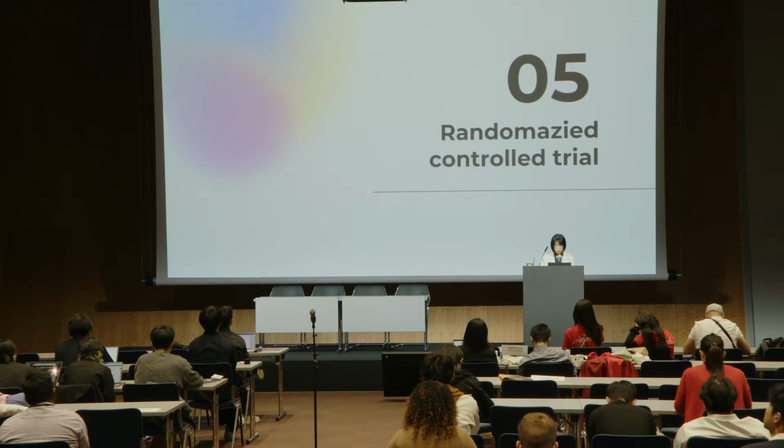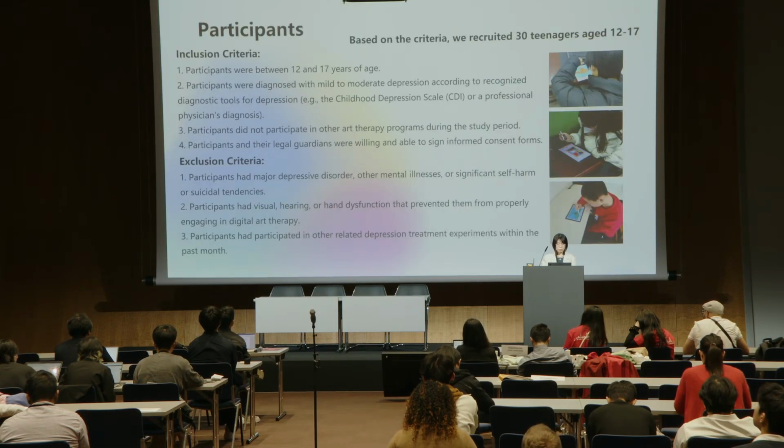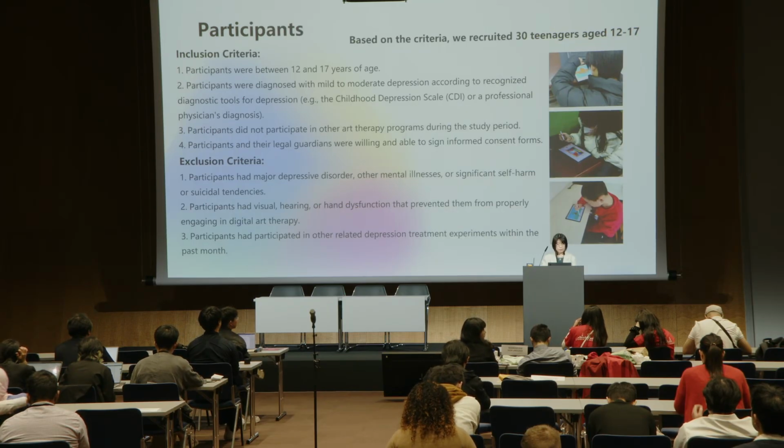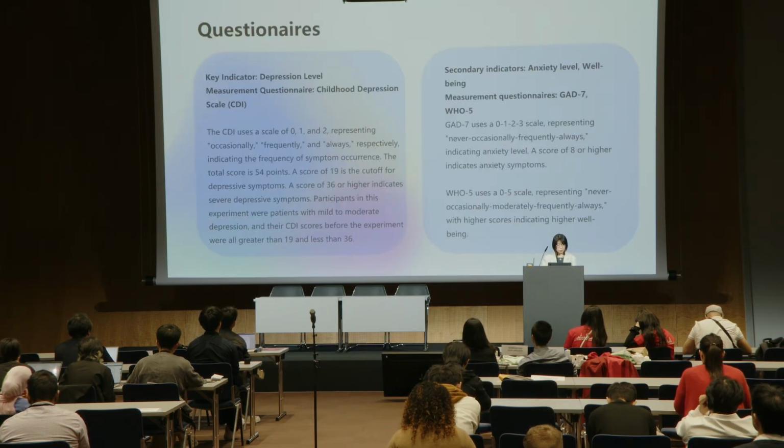And the next part is about the randomized controlled trial, and this is our inclusion and exclusion criteria. Based on the criteria, we recruited 13 teenagers aged 12 to 17. For the questionnaire, we set the primary indicator as the depression level, and the secondary indicators as the anxiety level and the well-being.